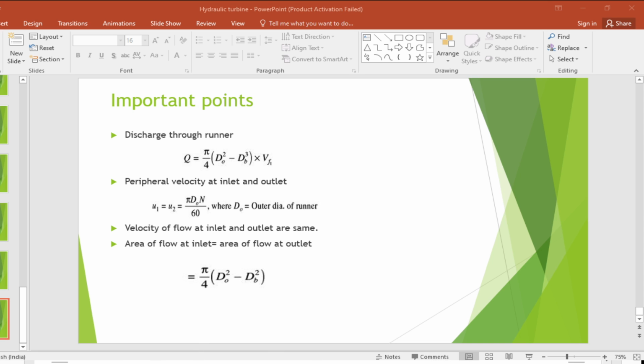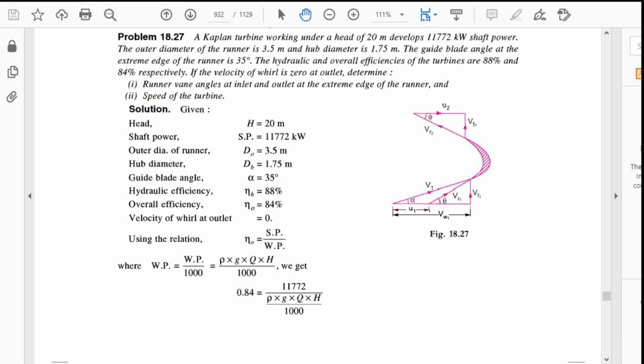Okay, now we'll move further to the numericals of Kaplan turbine. The first numerical: a Kaplan turbine working under a head of 20 meters develops 11,772 kilowatt shaft power.